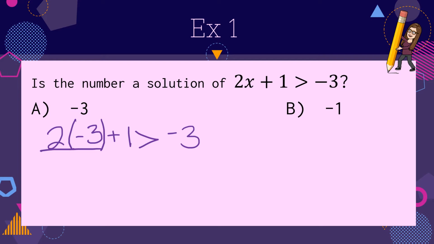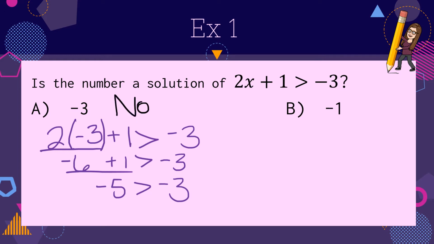PEMDAS rules say multiply first. -6. -6 plus 1 is -5. Is -5 greater than -3? No, it's not. If it's -5, it's colder than -3. So that is not true. It's not a solution. So is the number a solution? No. And we could put a slash through that inequality to show it as well.